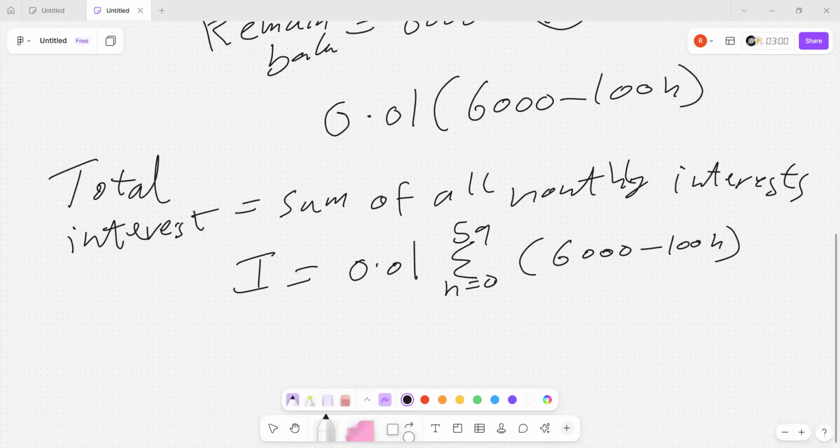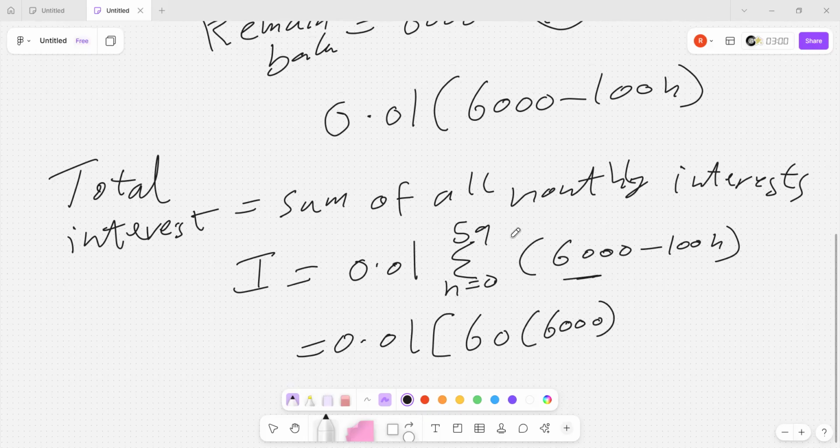And then it will be equal to 0.01 times 60 times 6,000 minus 100 times 1 plus 2 plus 3, sorry, 0 plus 1 plus 2 plus 3 until 59.